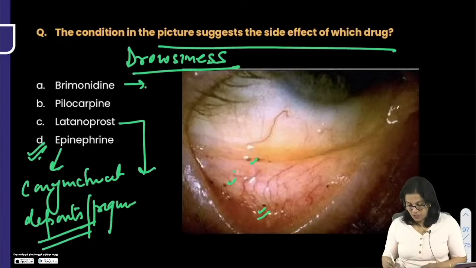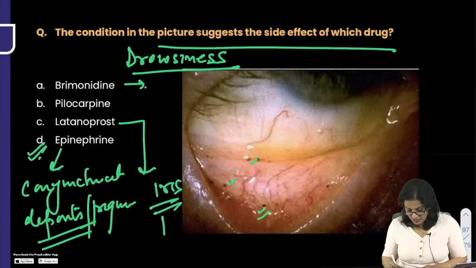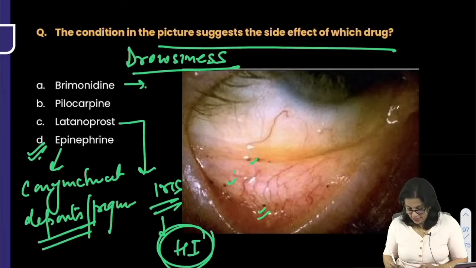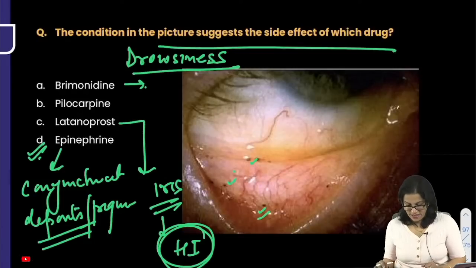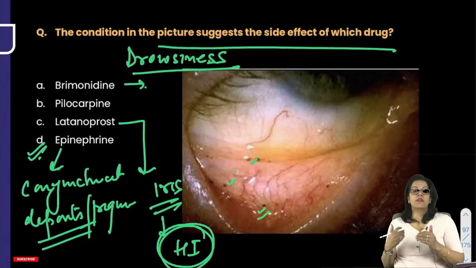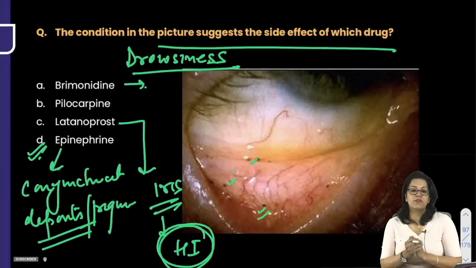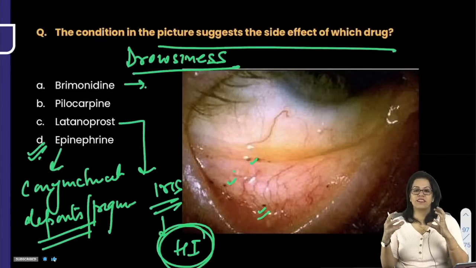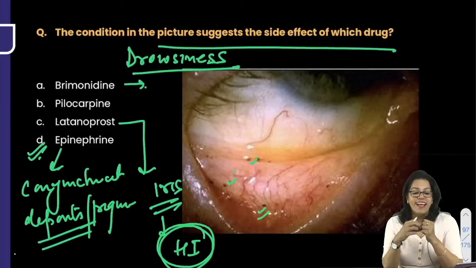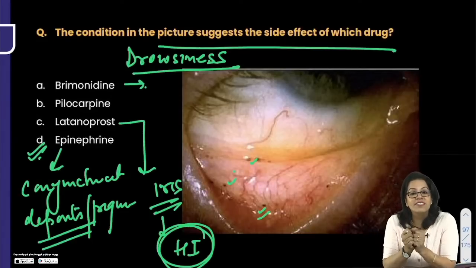But latanoprost causes iris pigmentation, the iris becomes darker, leading to a difference in iris color, that is heterochromia iridis, right. Okay. And pilocarpine you cannot give in uveitis. What are the effects of pilocarpine? I hope you know, it causes constriction and a shallow anterior chamber, and when it causes spasm of the ciliary muscles, it can lead to myopic shift, right. So, these are the side effects.